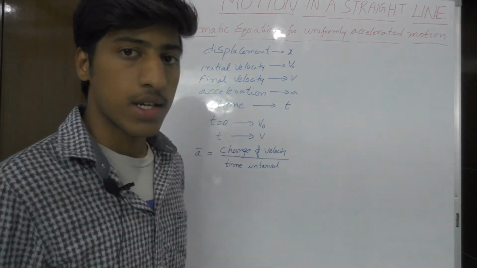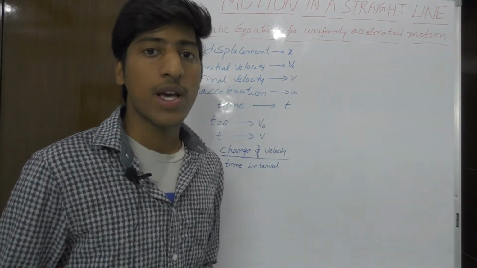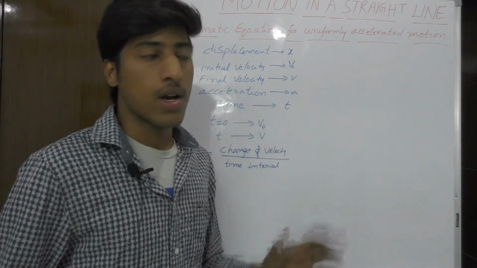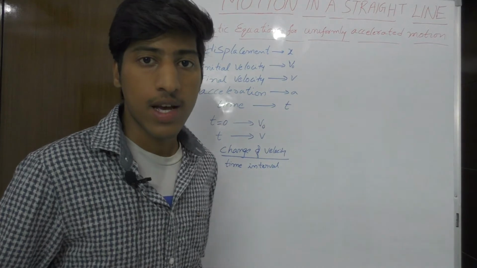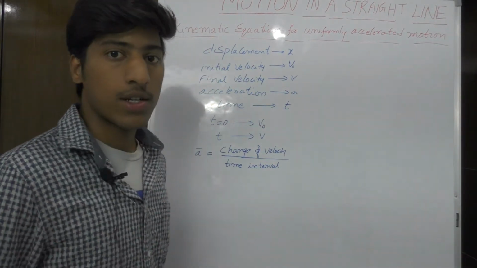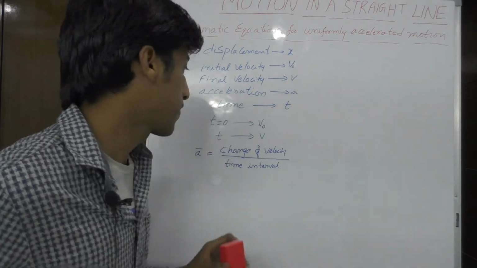Now, in this case, we have already assumed that this is a uniformly accelerated motion. As the motion is with uniform acceleration, we can say that average acceleration is equal to the constant value of the acceleration a.